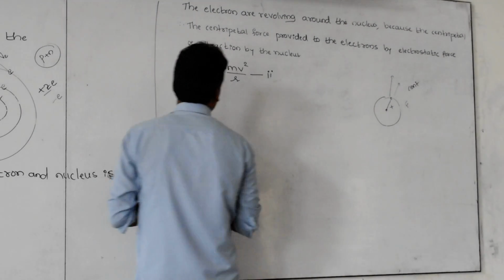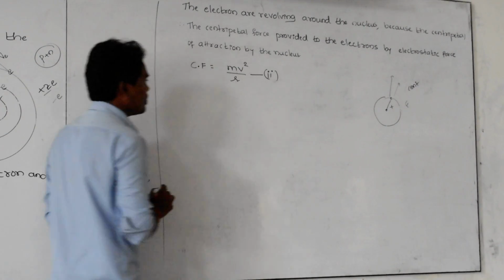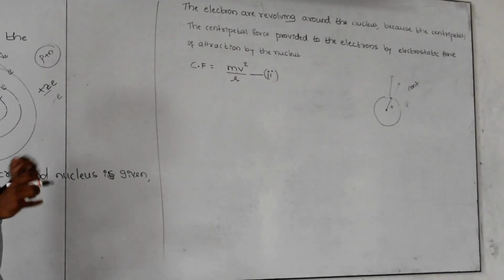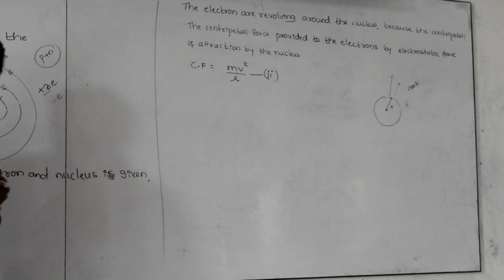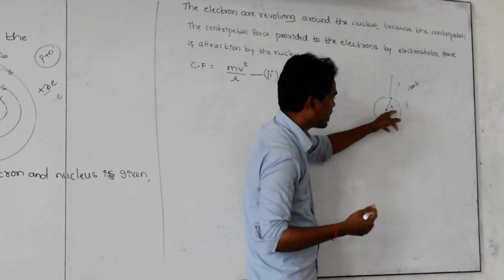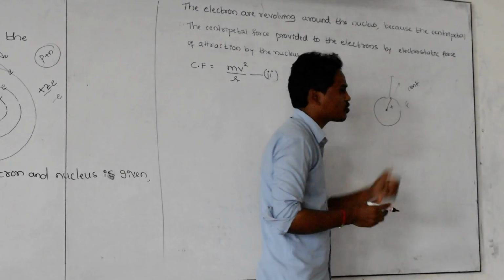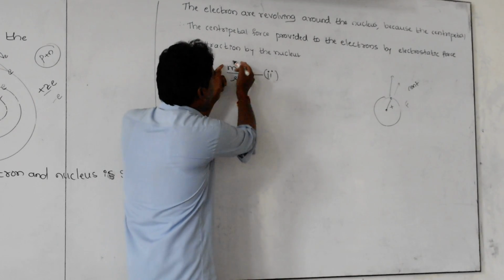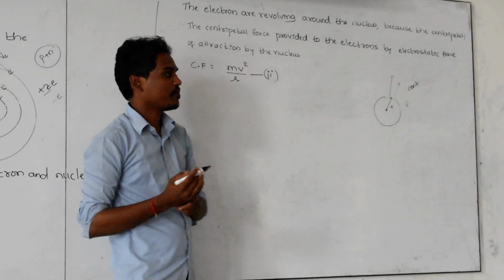From the second equation and the first equation, the magnitude of the centripetal force is exactly equal to the magnitude of the electrostatic force of attraction, because the electrostatic force of attraction only provides the centripetal force to the electron. If one is 10, the other is also 10.